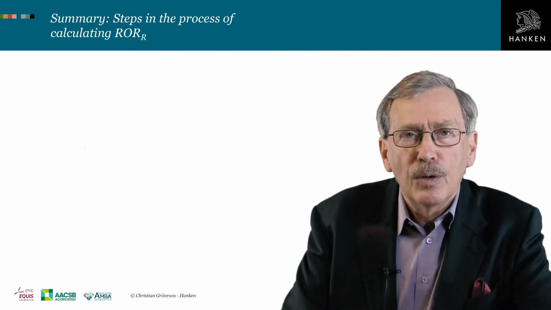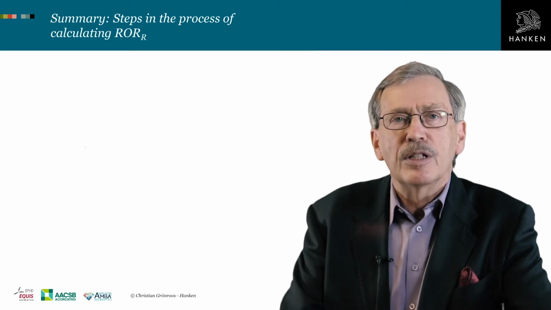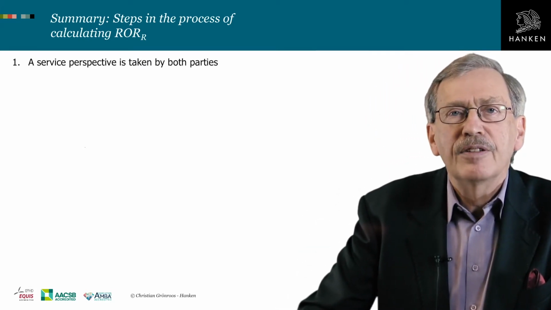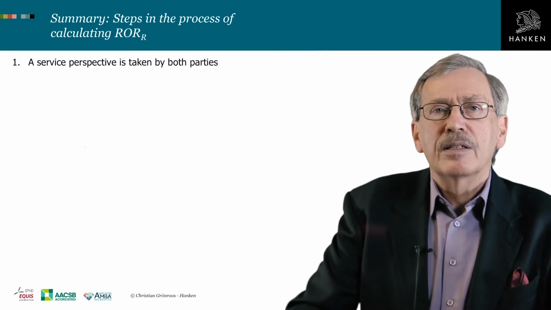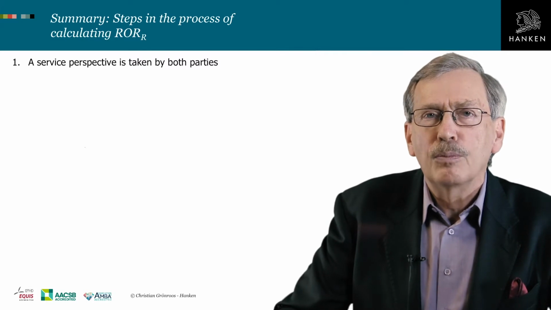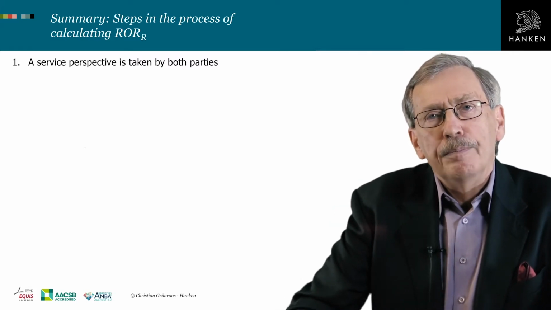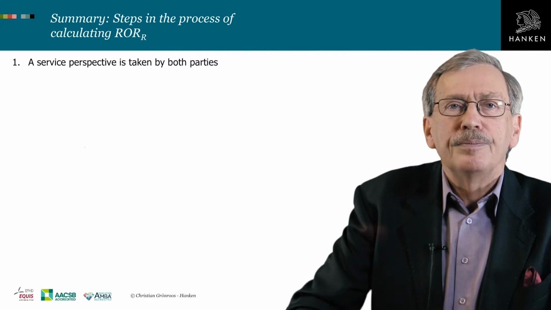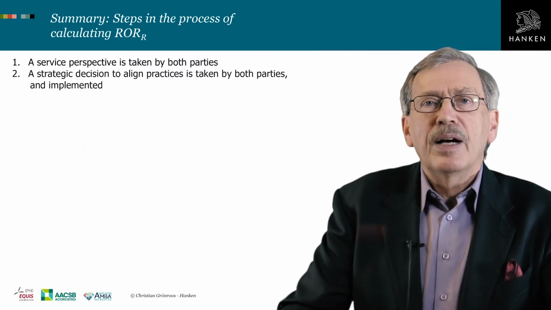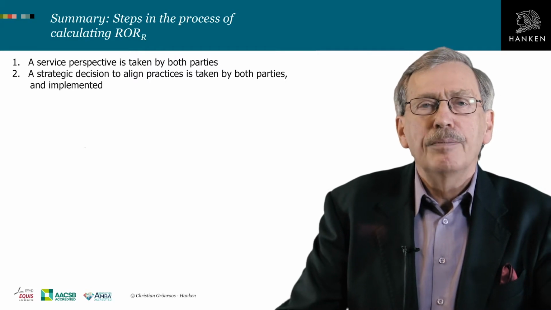But let me first walk through, as a summary, the steps in the process of calculating return on relationship. First, a service perspective is taken by both parties, meaning that both parties realize that we want to mutually support each other's businesses and processes. Secondly, a strategic decision to align practices is taken by both parties and then implemented.